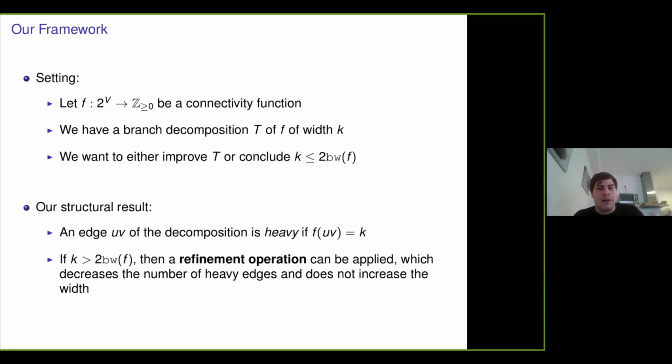So if the width of this edge is the same as the width of this decomposition, and we prove that if the width of this decomposition is larger than 2 times the branch width of this function, then this refinement operation can be applied, and it decreases the number of heavy edges and does not increase the width. So really, because at the start there are at most n heavy edges, applying these refinement operations n times gets rid of all the heavy edges and decreases the width of this decomposition.